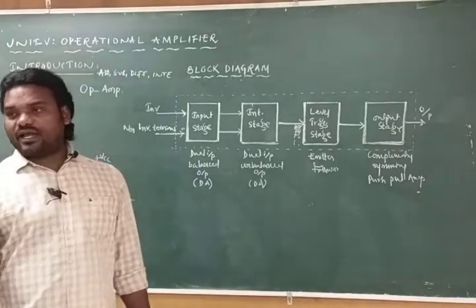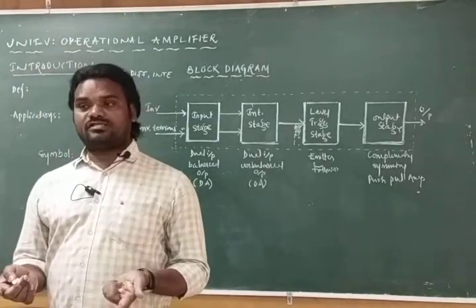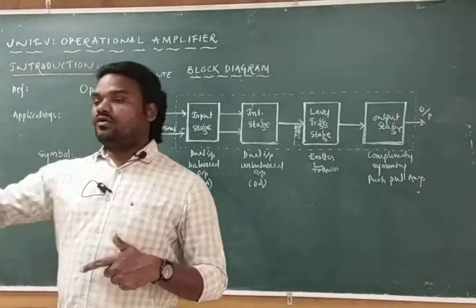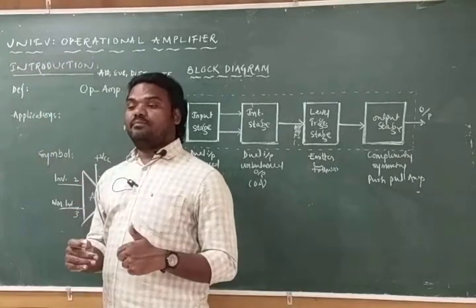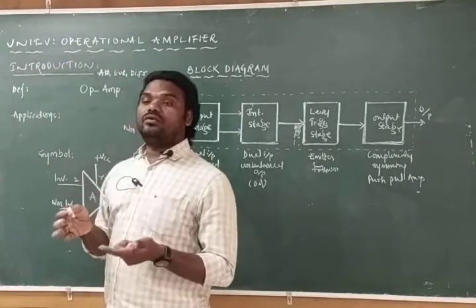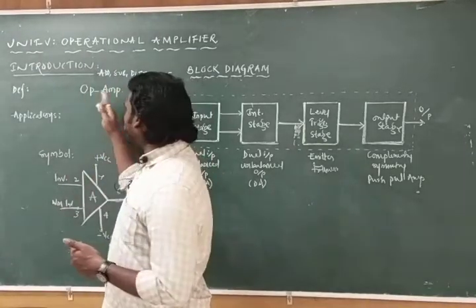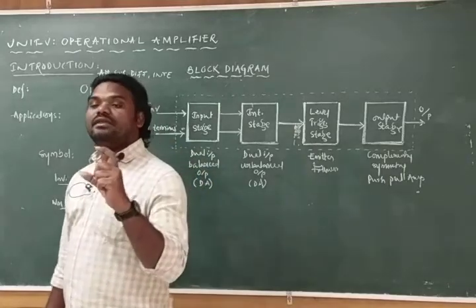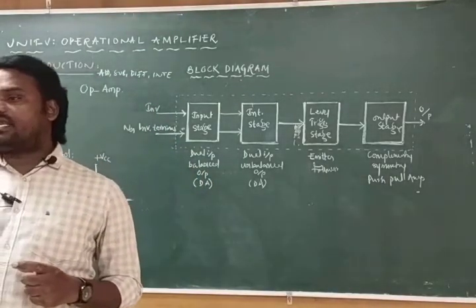So, an amplifier is generally an electronic circuit which increases the strength of the weak signal, whereas an operational amplifier is one class of amplifier which is able to accomplish some mathematical operations. Now we get this operational amplifier in the form of an integrated circuit only.